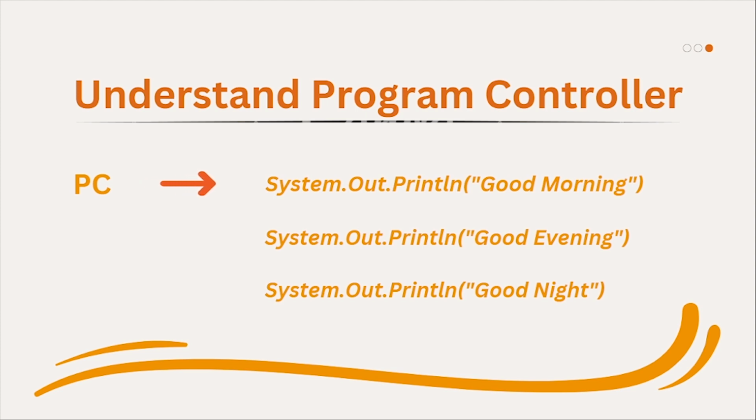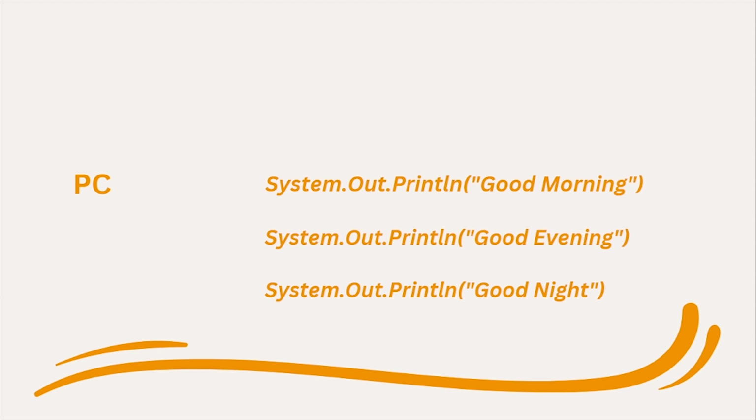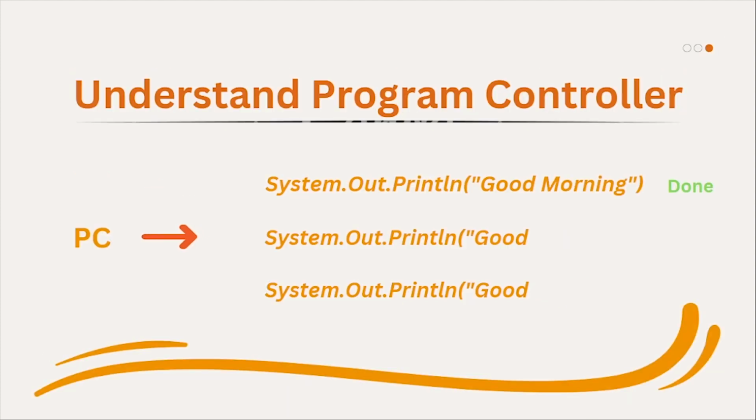So let's look at some example. In this example, we can see that we are going to print three messages. First is good morning, second is good evening, and the last is good night. So how will the program controller execute these statements? First, it will execute the first instruction, which is good morning. Once it prints the message in console, then it will move to its second instruction, where it will print good evening.